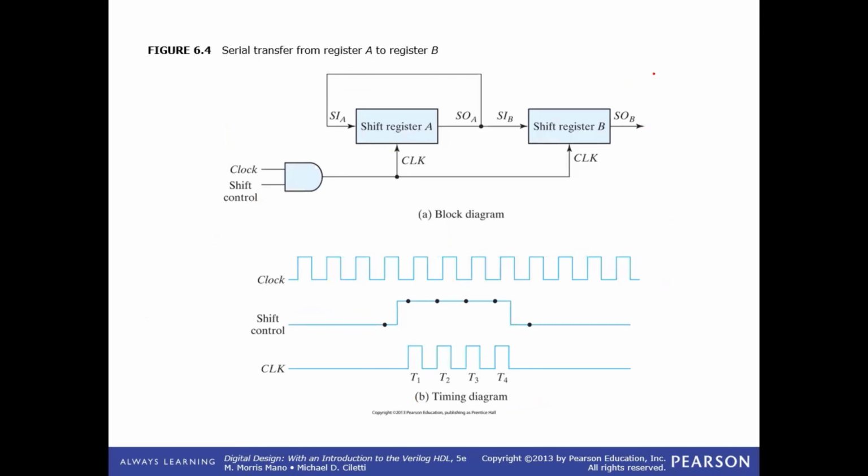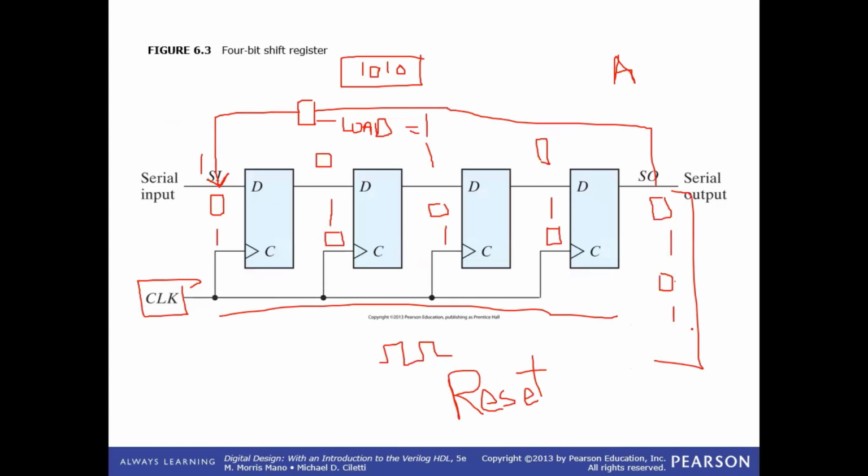Now in this diagram, we are studying a serial transfer from register A to register B. Let's suppose that this register A is 4-bit, and this register B is 4-bit as well. So this means that register B and register A each have the internal circuitry as shown to you in this diagram. Is this okay?